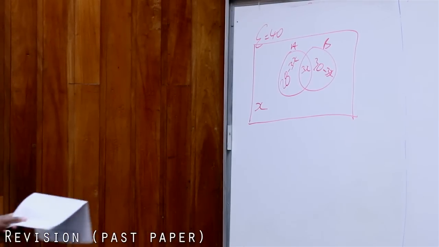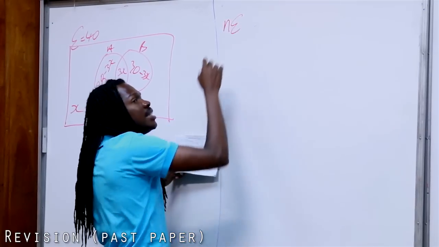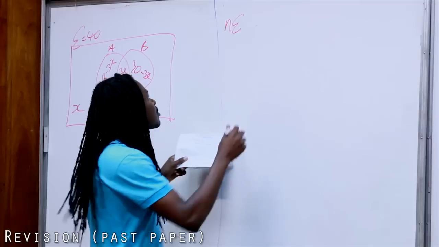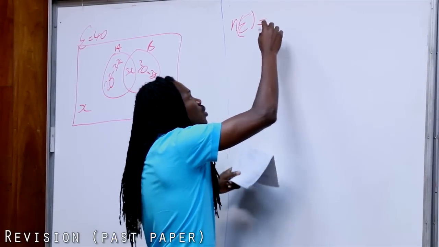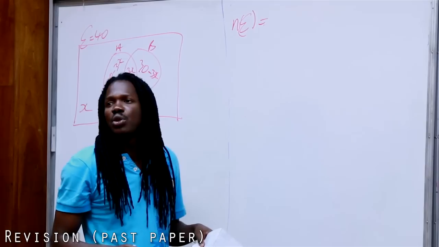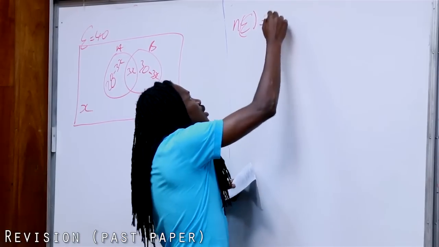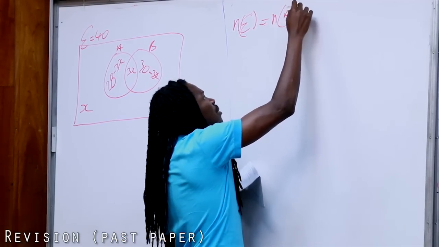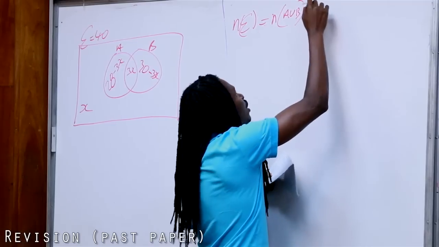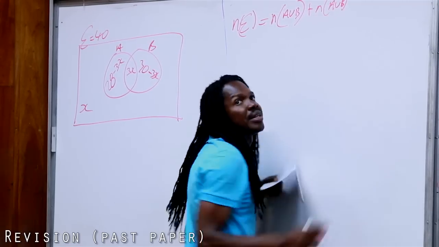So that means n of the universal set is equal to the number in A union B plus the number in A union B complement.